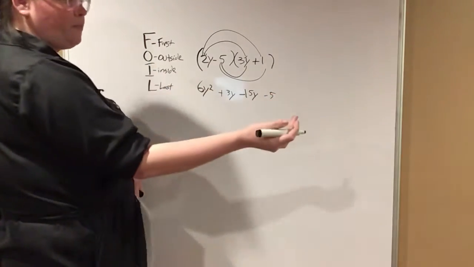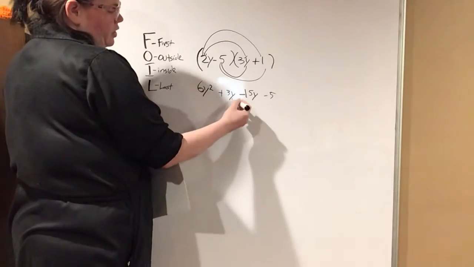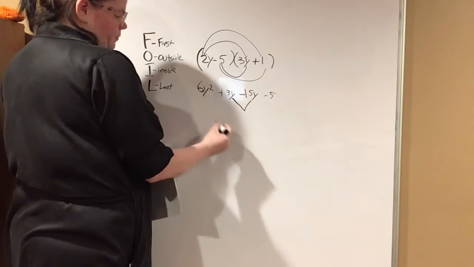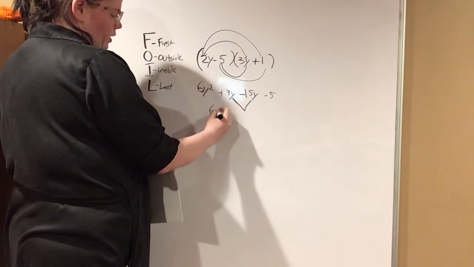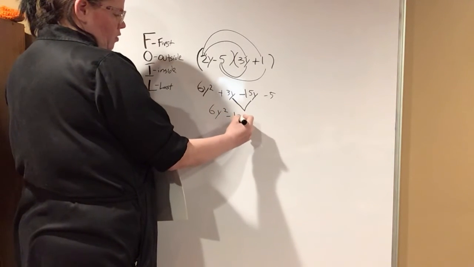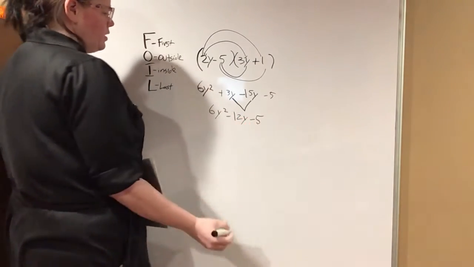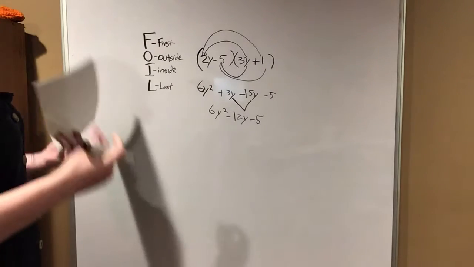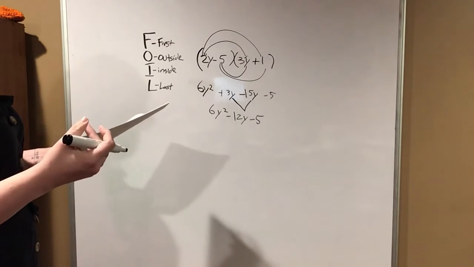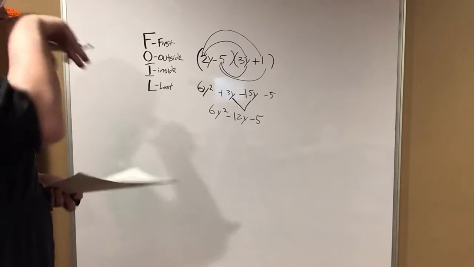Again, making mistakes, I always do. Then just combine your like terms, which are right here. We get 6y squared minus 12y minus 5. And that is multiplying two binomials together. So that's the FOIL method.